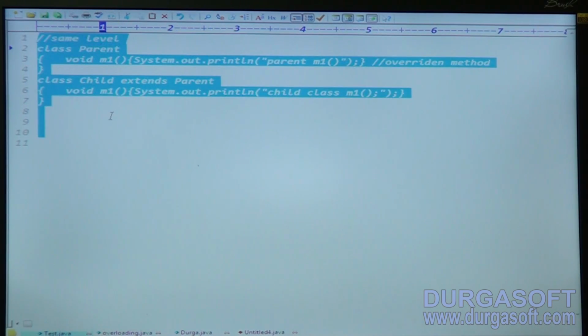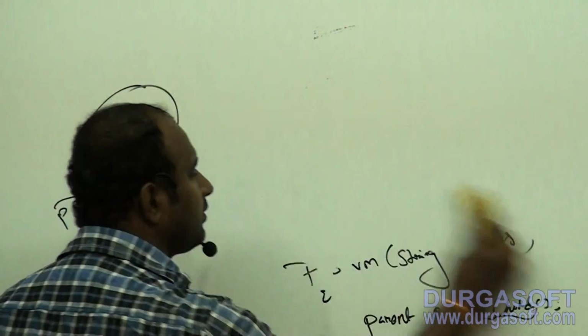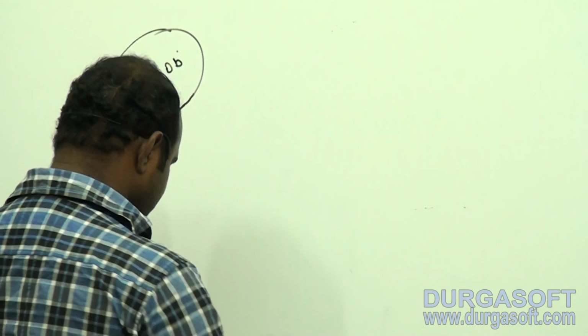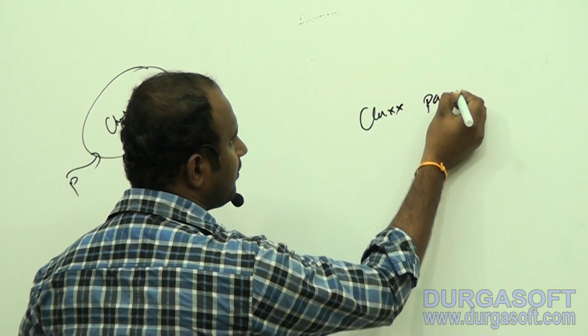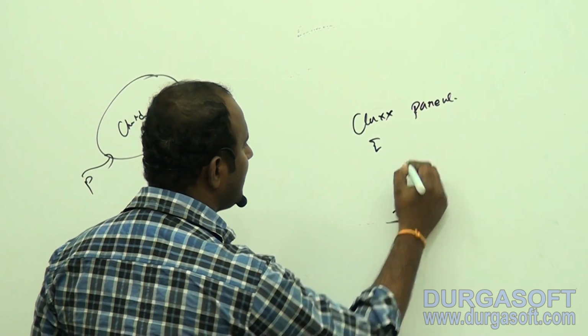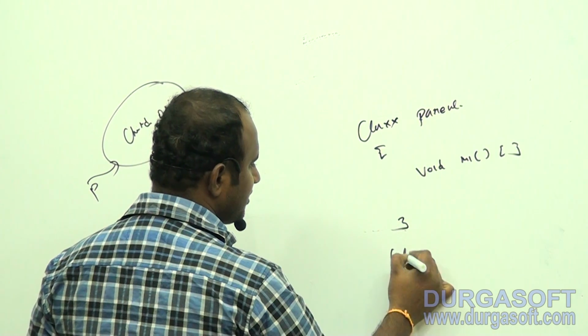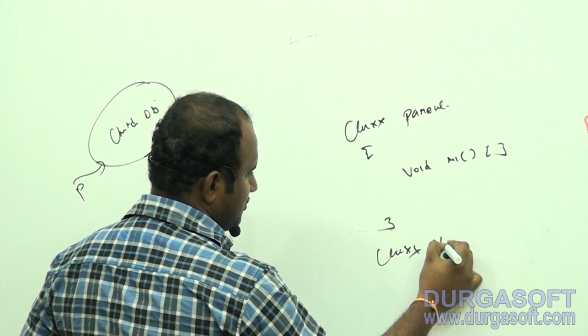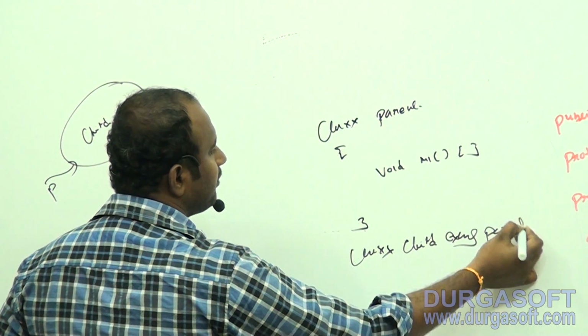So concentrate here, while overriding the methods. I declared a parent class. In the parent class I declared void m1, with some implementation, leave it. Then I declared class child, which extends the parent class.